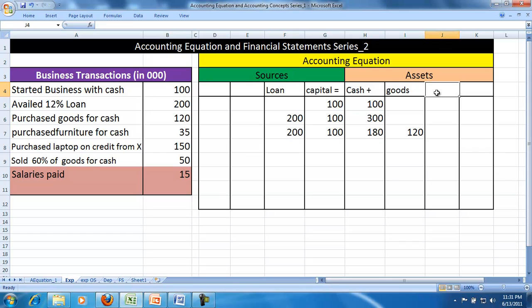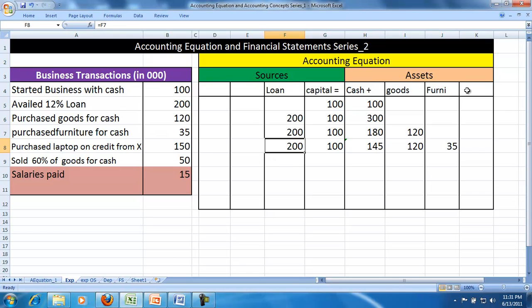Now they purchase furniture, and for cash, so no change in the goods, that remains the same. But the cash will reduce by 35,000, and the capital no change, loan no change. So this recaps our understanding that the sources are equal to assets, and every transaction will affect the equation.